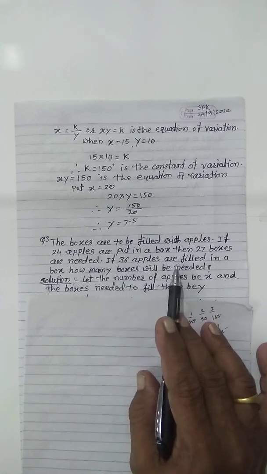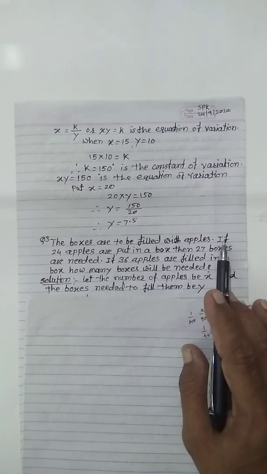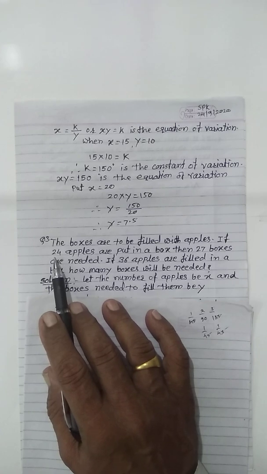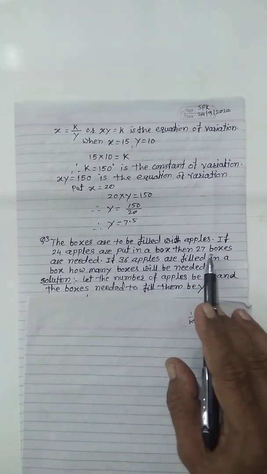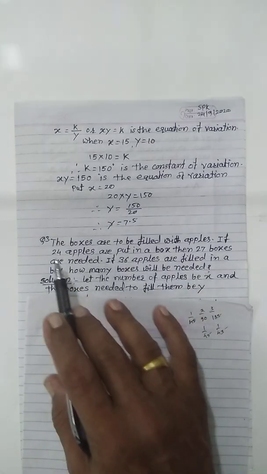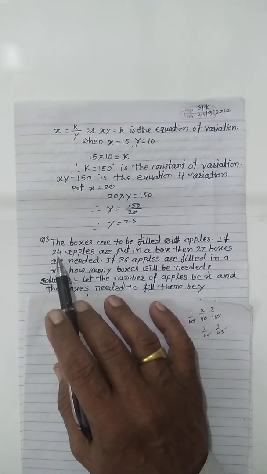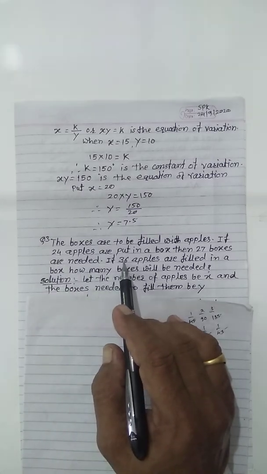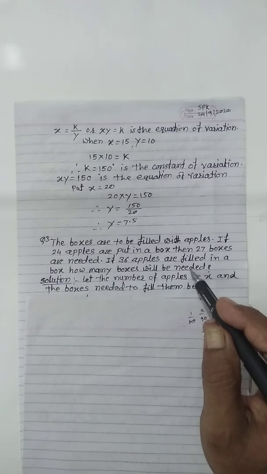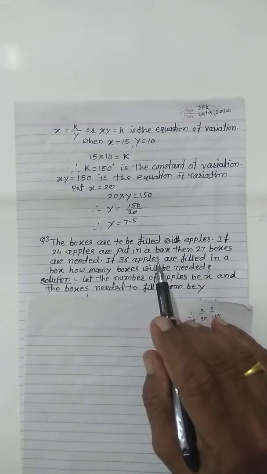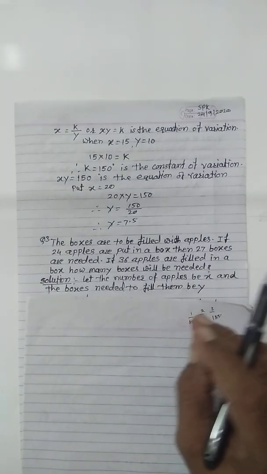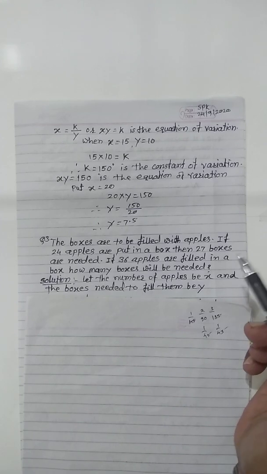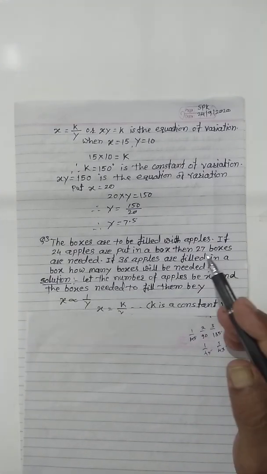See, in this example, if we put 24 apples in one box, then the number of boxes is 27. If these 24 apples increase to 36, then obviously the boxes reduce, means the variation between the number of apples and the number of boxes is inverse variation.